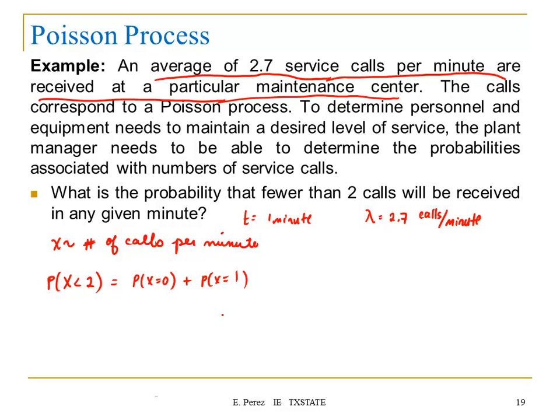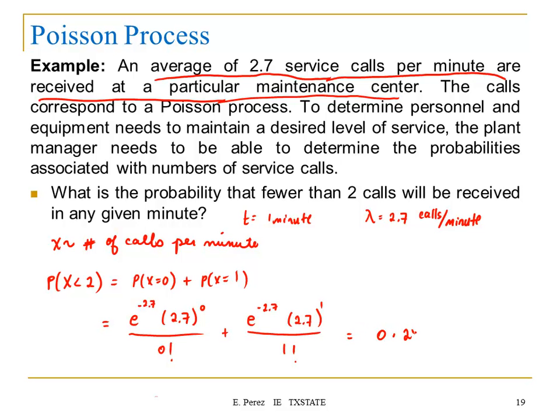So we know the parameters already. We know this follows a Poisson. We have lambda, we have t. We can substitute those parameters into the Poisson distribution and find the probability. So this will be equal to e to the minus 2.7 times 2.7 to the power of 0 divided by 0 factorial, plus e to the minus 2.7 times 2.7 to the power of 1 divided by 1 factorial.